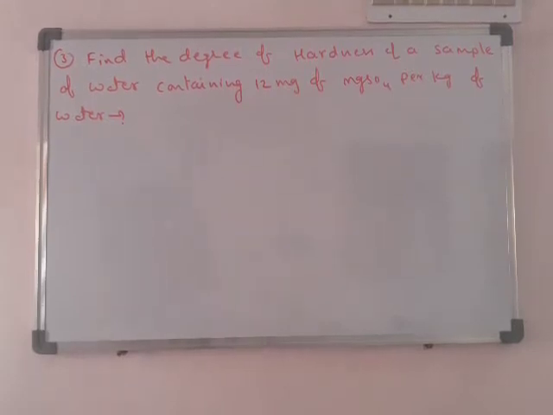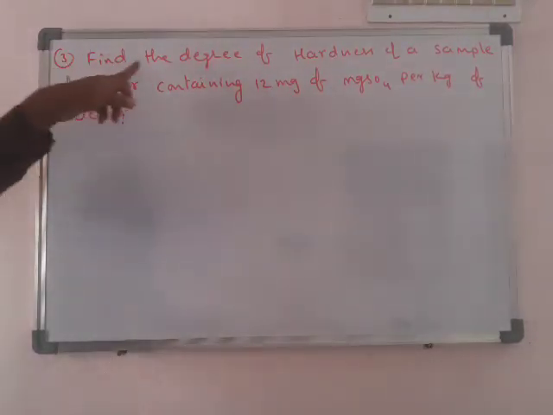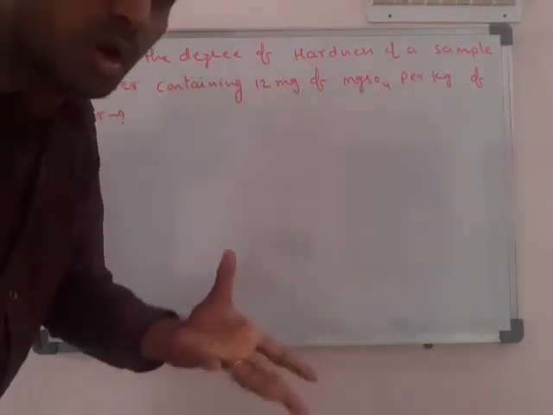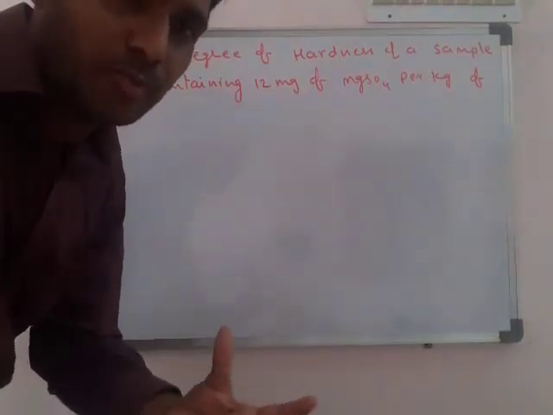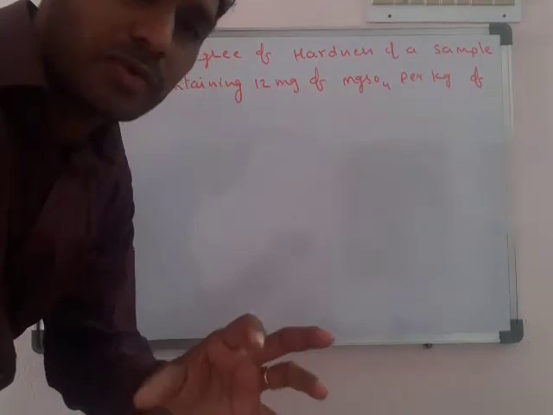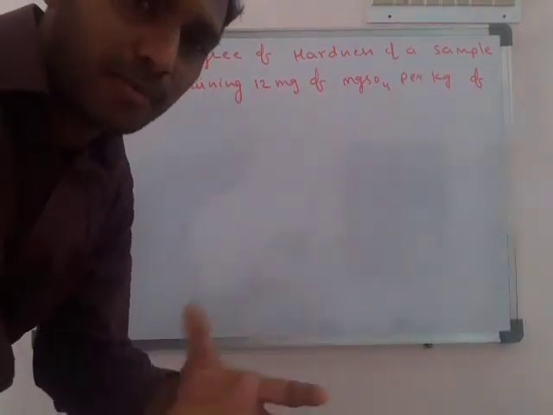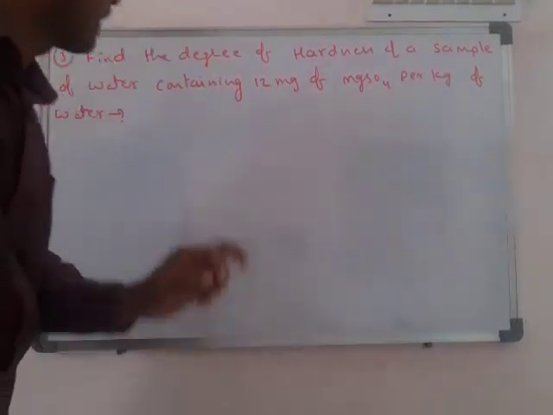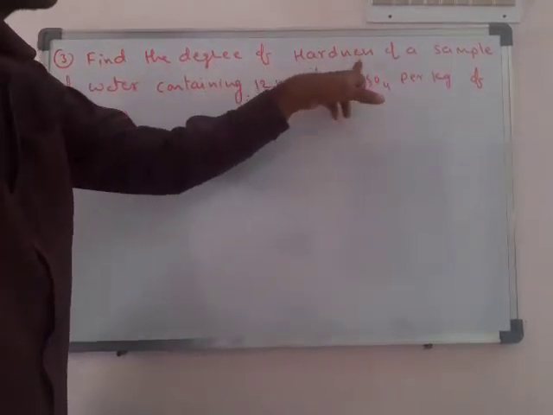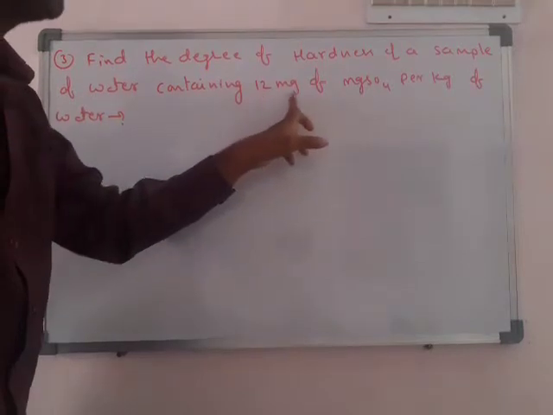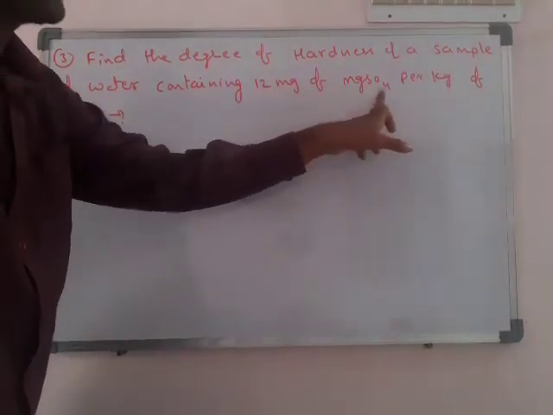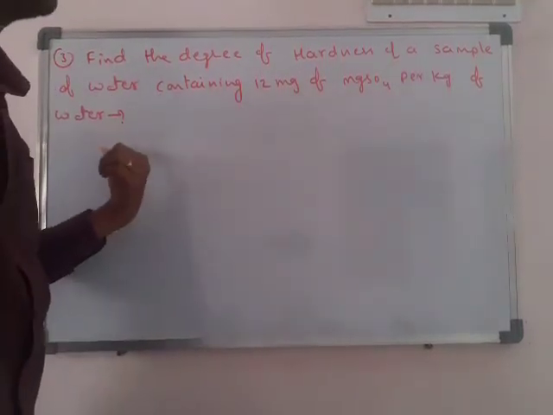Here see the next problem. So find the degree of hardness, nothing but hardness in terms of ppm, that is with respect to calcium carbonate. So find out the hardness in terms of calcium carbonate, there is no other choice. So find the degree of hardness of a sample of water containing 12 milligrams of magnesium sulfate per kg of water.